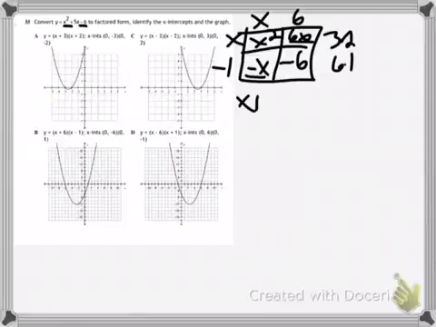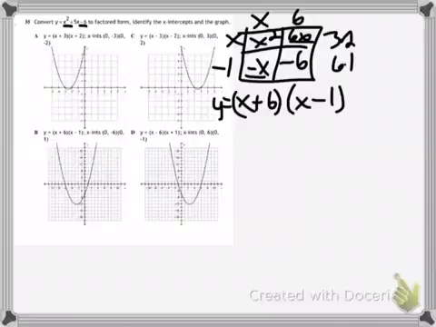So I have x plus 6 and x minus 1. Our x-intercepts here would be the opposite of that. So our x-intercepts would be -6 and -1, or excuse me, +1.